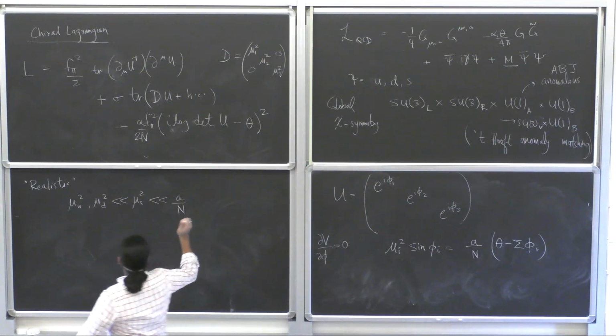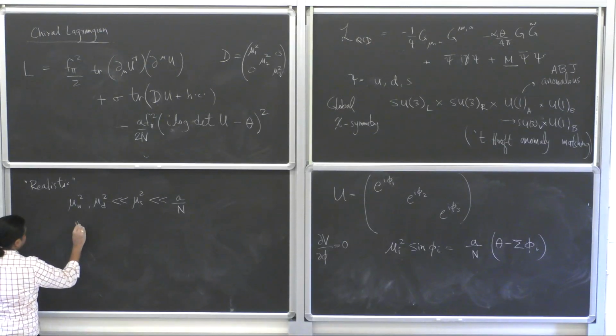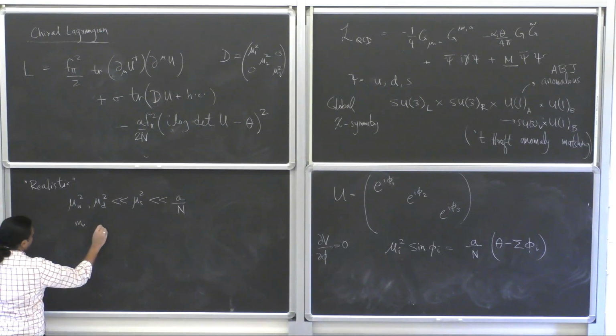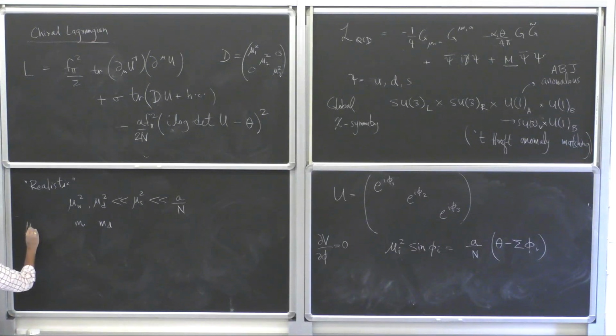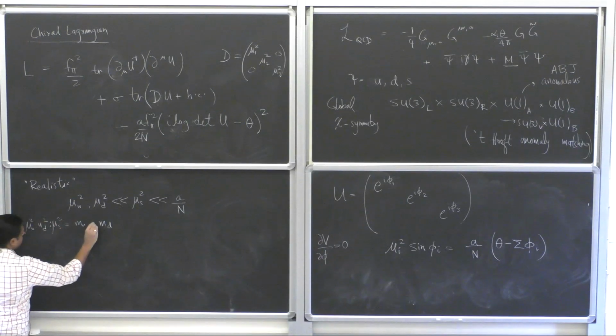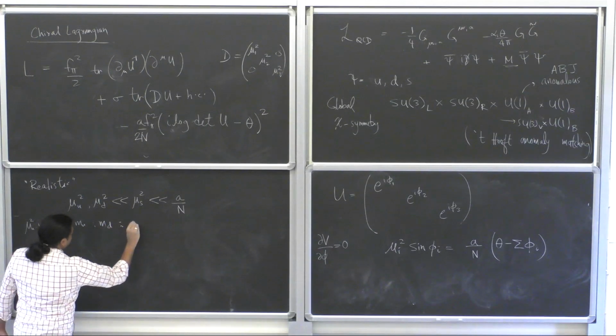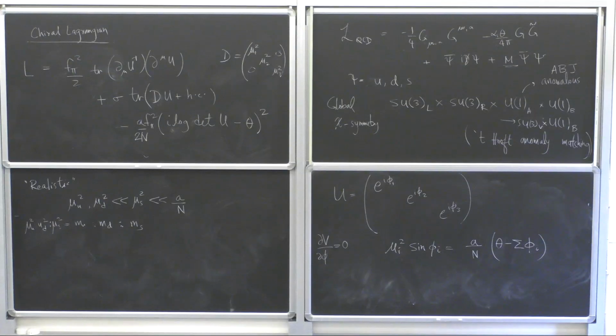we would find, when you do the sum rule calculation, that these ratios, mu u squared, mu d squared, are proportional to the mass terms of the quark coming from the quark Yukawas.